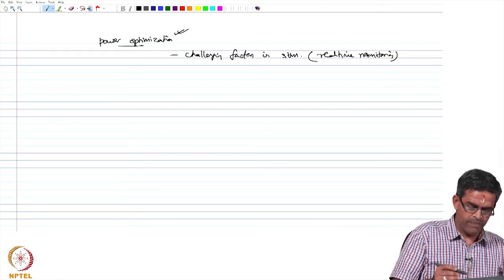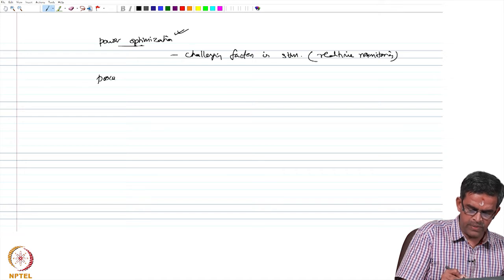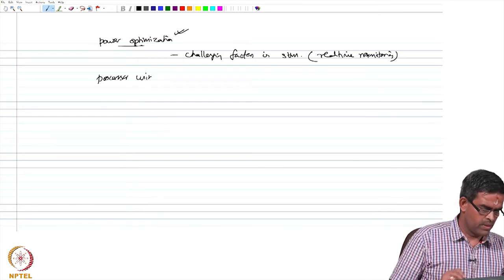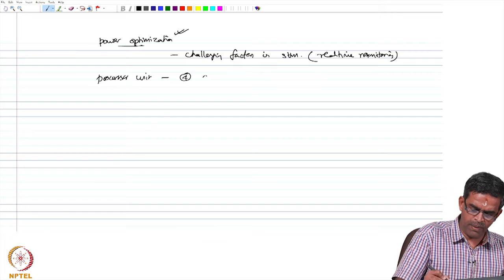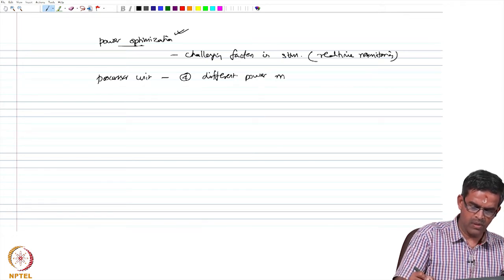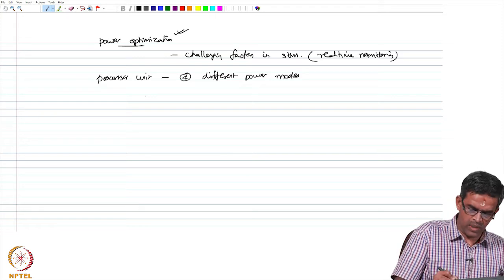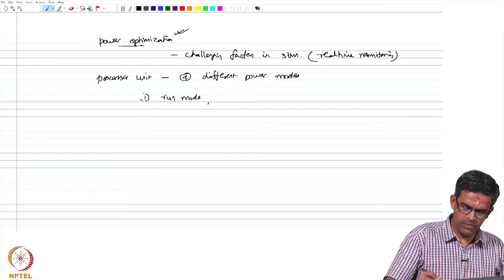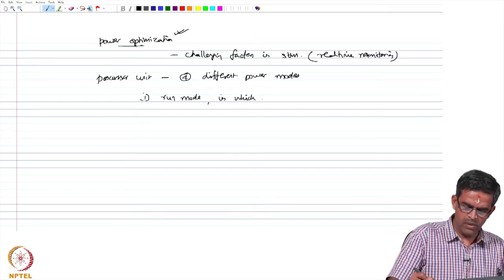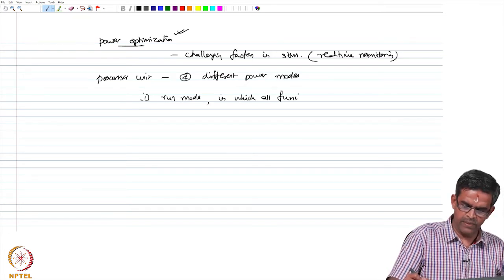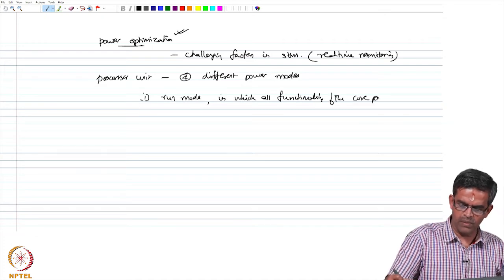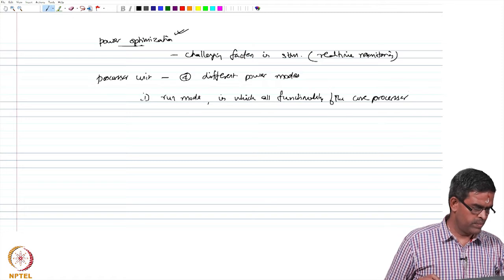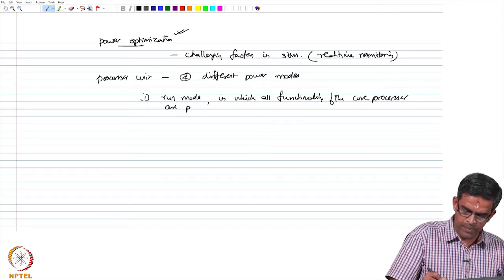Now, if you look at the processor unit, it has 4 different power modes. One, the run mode, in which all functionality of the core processor are powered up.